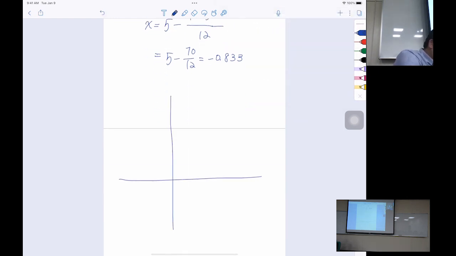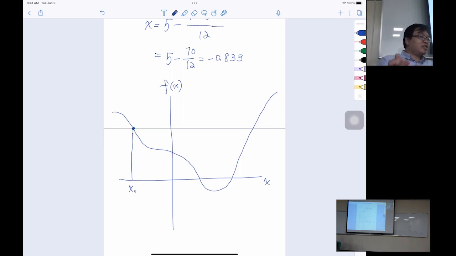If I have a function, and the function looks like this, okay, and with a random guess, for example, this is my random guess, and when I approximate this function with a second order polynomial, what I get probably looks like this. Okay, and the minimum of this second order approximation is right here.